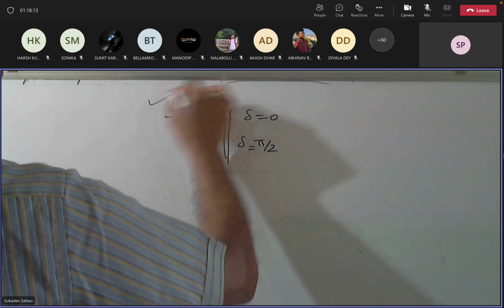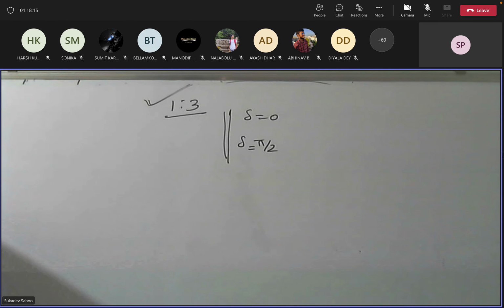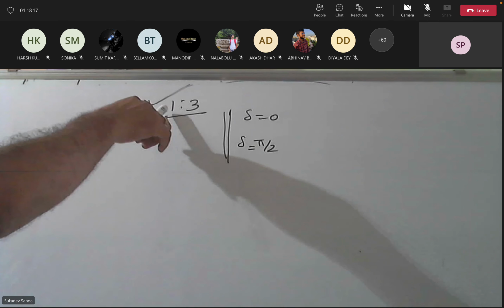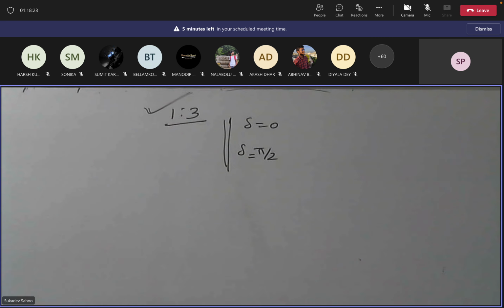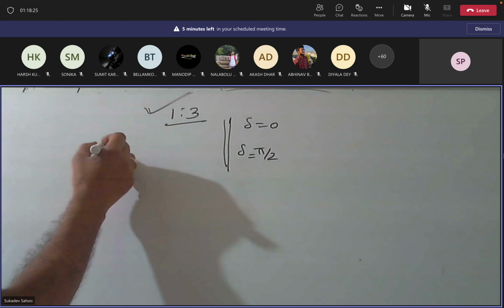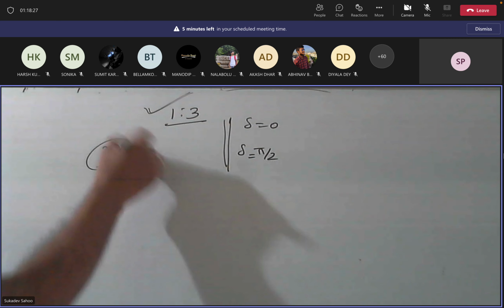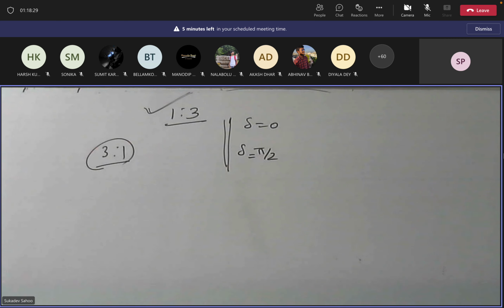And one thing I have already said: I have given the frequencies in the ratio 1:3. That means in the examination it may be asked, instead of frequency, time period in the ratio 3:1. This is the same because the frequencies and the time periods are inversely proportional.